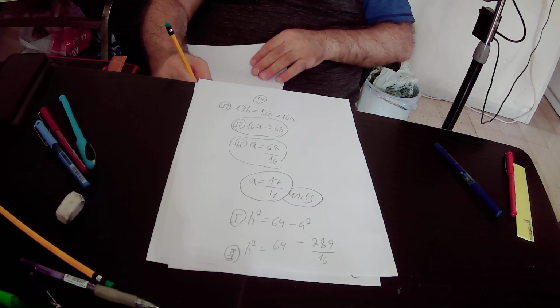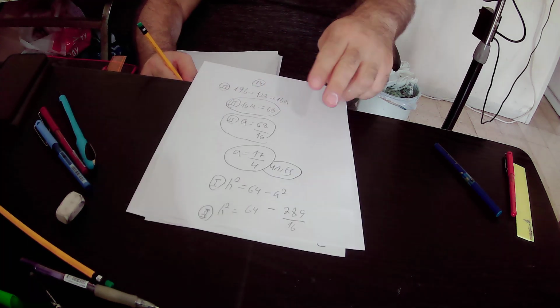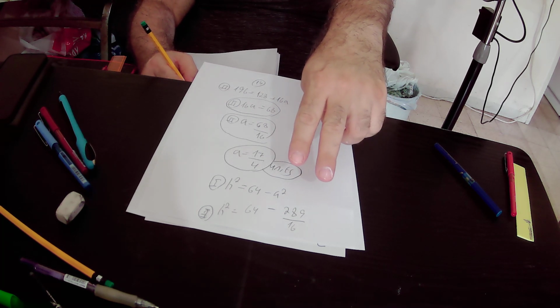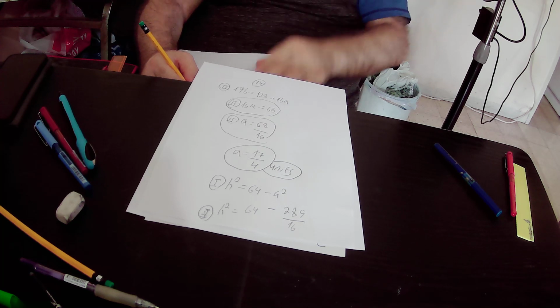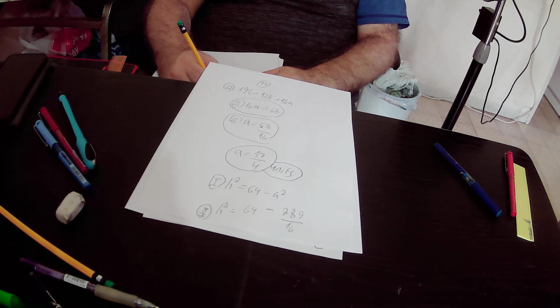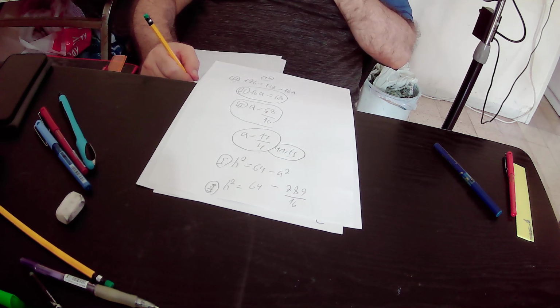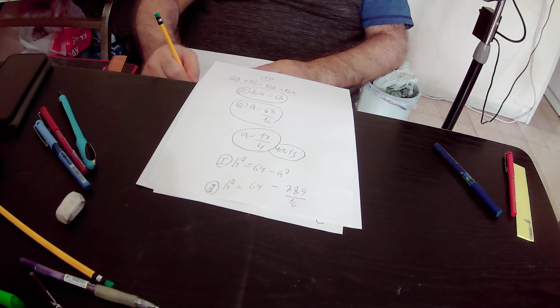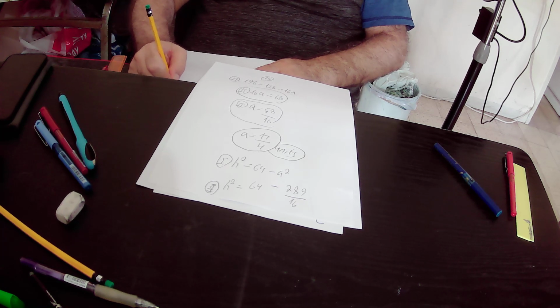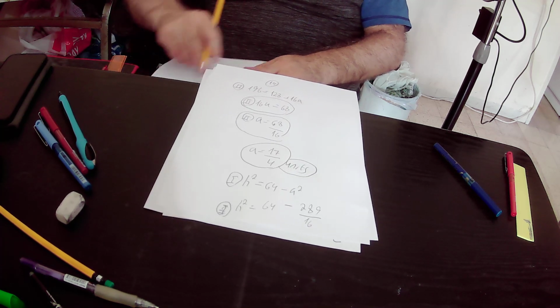So here we will take a common factor of 16 out of this equality, and we will get that h squared equals 64 times 16 is 1024 minus 289, over 16.